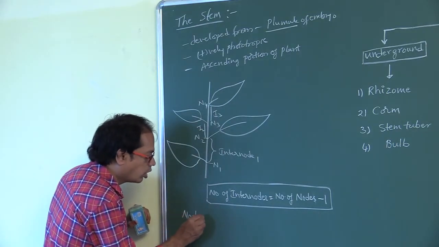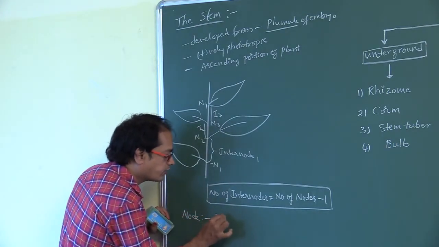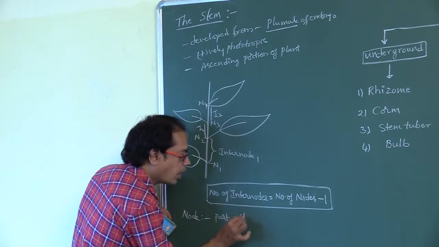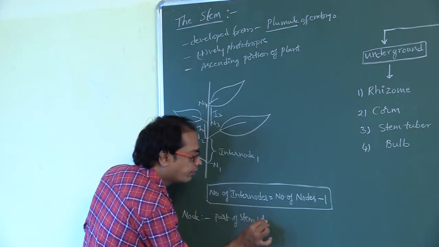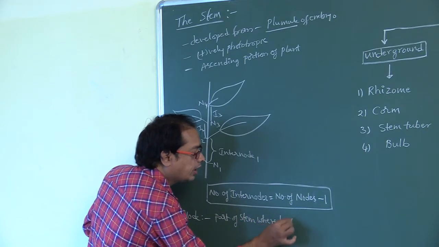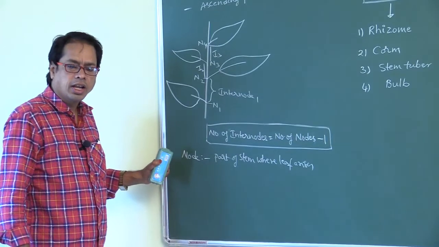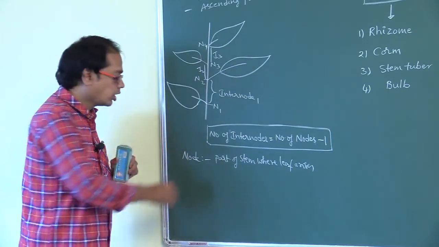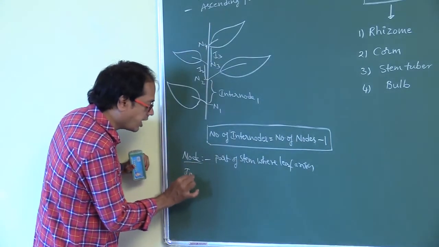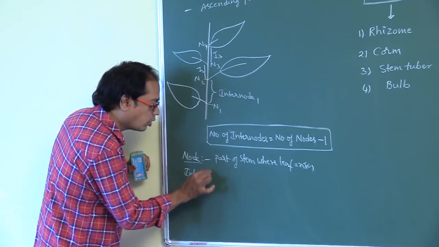So, what is a node? The part of the stem where the leaf arises is called a node. What is an internode?